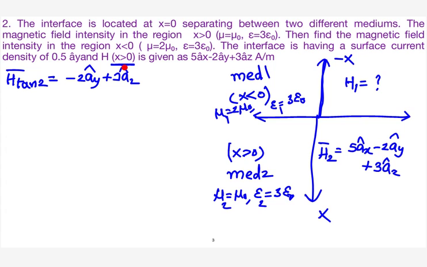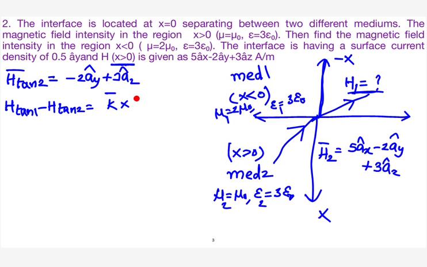So what is the boundary condition? Now I think it is as per your understanding only. The wave enters from medium 2 to medium 1, and you need to find the magnetic field intensity in medium 1. What is the boundary condition you have? H tan 1 minus H tan 2 is equal to, I can write in terms of direction also. How do I write including direction?